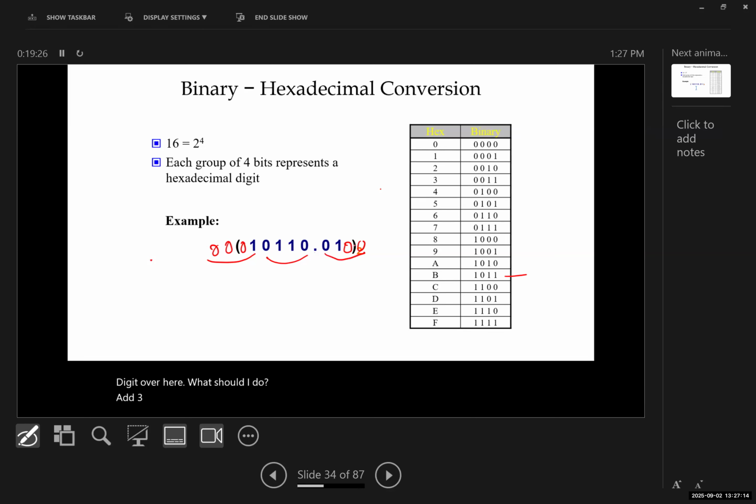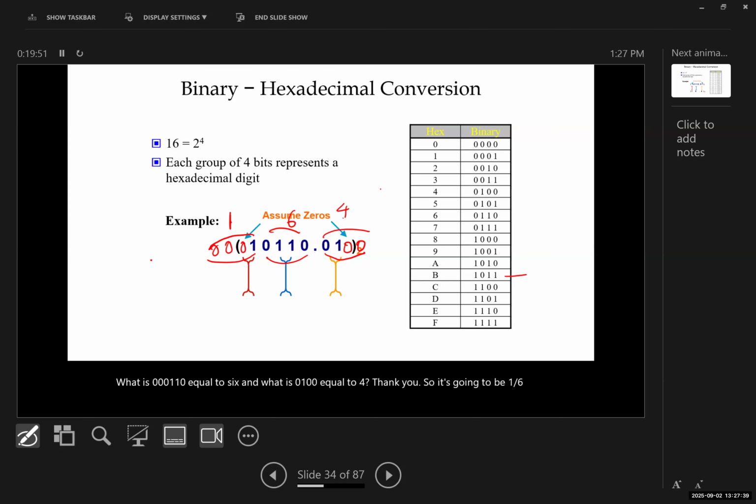Same over here, I would add 2 zeros here. Okay. Now, 0, 0, 0, 1, what is this equal to? What is 0, 1, 1, 0 equal to? 6. And what is 0, 1, 0, 0 equal to? 4. Thank you. So it's going to be 16.4.